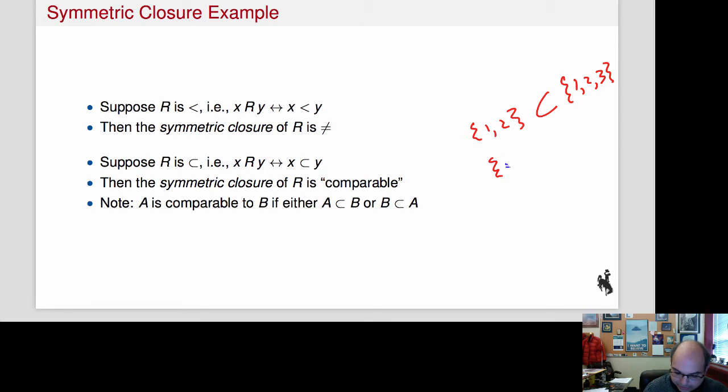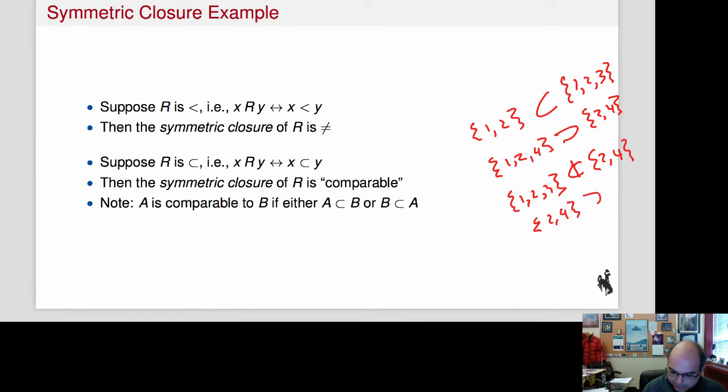It is also the case, of course, that {1, 2, 4} is a superset of {2, 4}. So again, those two are comparable. But if I look at something like {1, 2, 3}, then that is not a subset of {2, 4}, and {2, 4} is not a superset of {1, 2, 3}. I should have just left the direction identical.